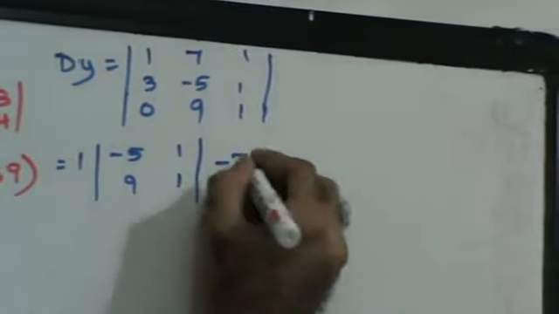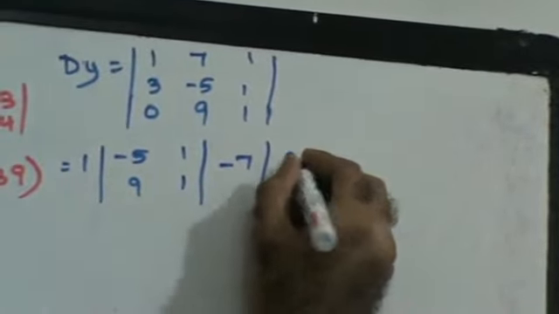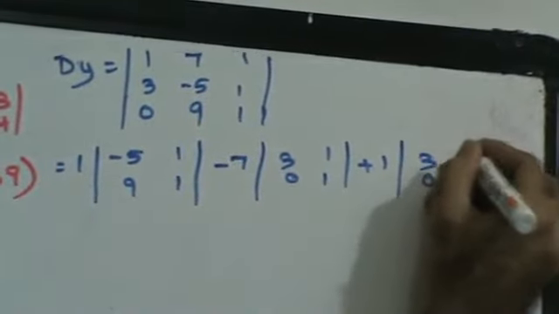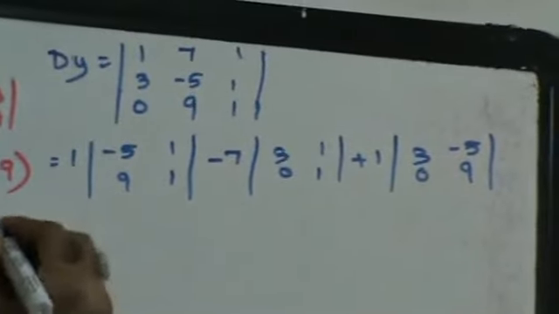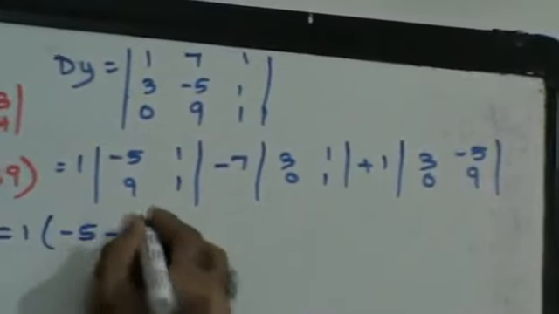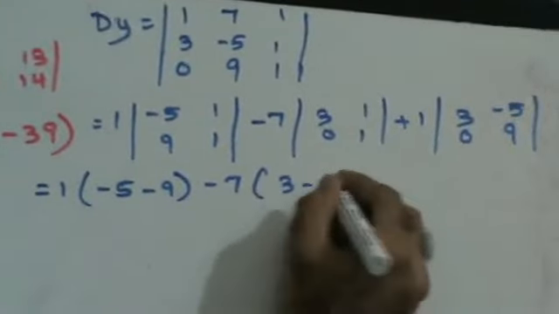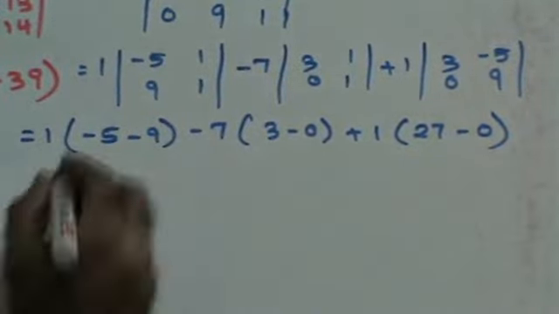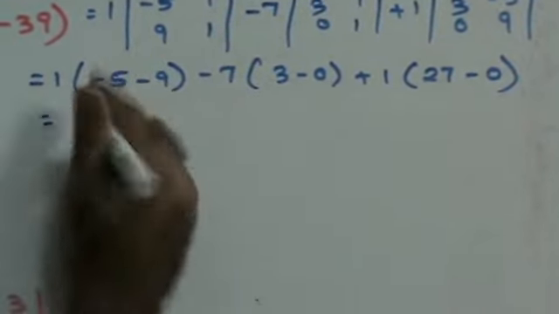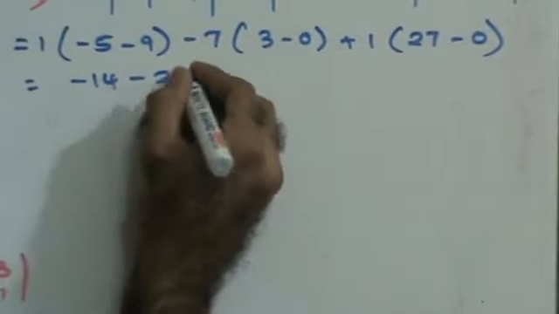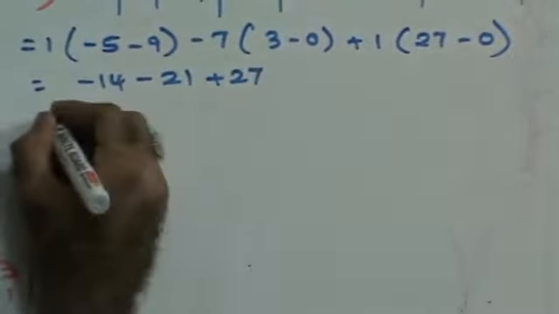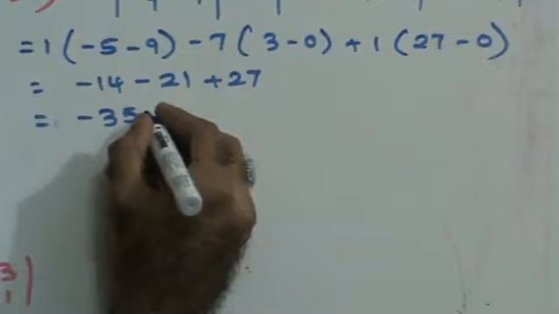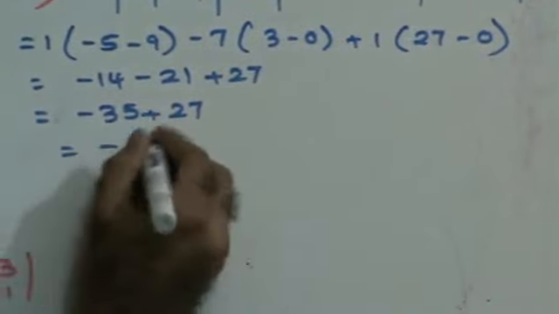This is minus 7. So in that case 3, 0, 1, 1 plus 1, 3, 0 minus 5, 9. So this will be 1 minus 5 minus 9 minus 7, 3 minus 0 plus 1, 27 minus 0, 9, 14. This is going to be minus 14 minus 21 plus 27. 14, 21, 31, 35 minus 35 plus 27, that's minus 8.